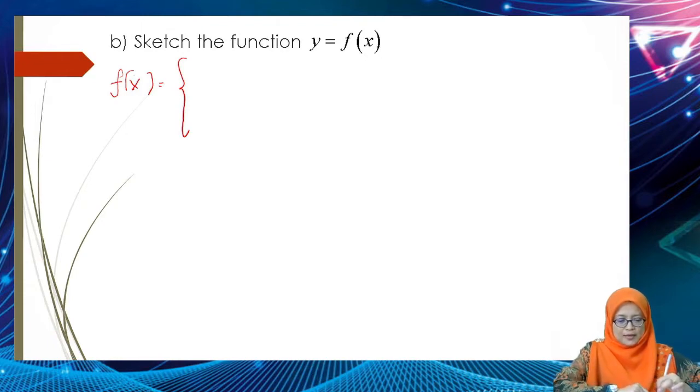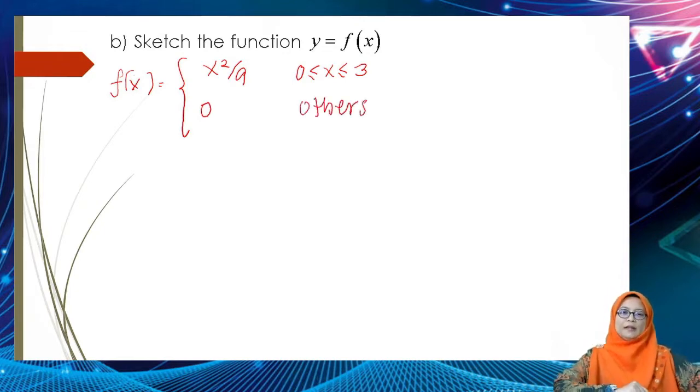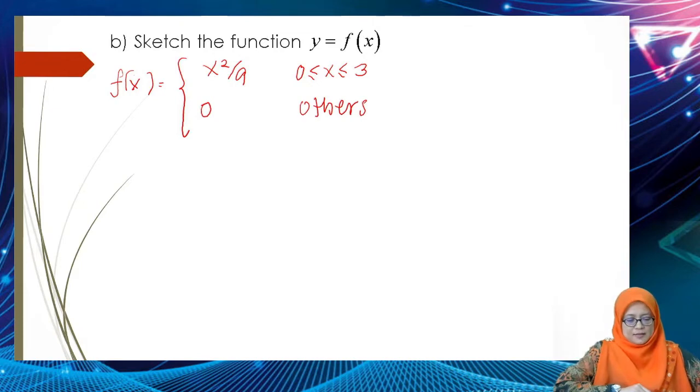So means that yang ada function tadi, x squared over 9 for the interval 0 to 3. So ini tak kisahlah 0 nak include ke tak nak include, dia sama. Okay, so then you punya second function tu maksudnya yang kosong tadi. So ini others. So for any interval selain daripada 0 to 3, function dia is 0 for others.